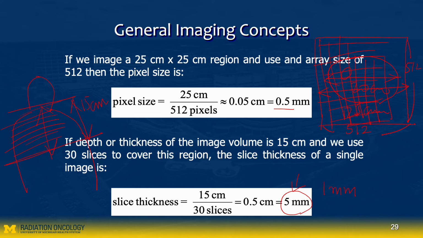I just want you to understand how pixel size is defined, and the relationship between slice thickness and the number of CT images itself. It can be CT or it can be MRI, but digitally, what is slice thickness versus the physical object size?